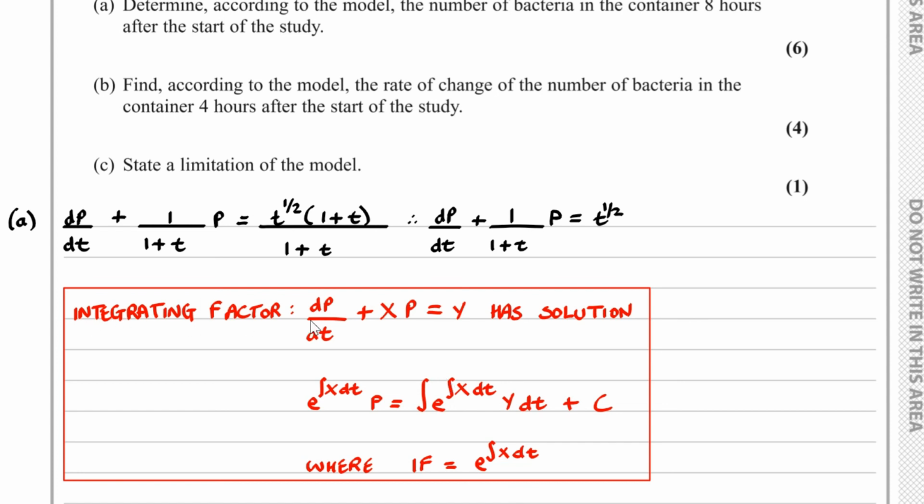For the integrating factor method, if we have a differential equation in the form dp over dt plus xp equals y, where x and y are both functions of t, this would have a solution of e to the power of the integral of x with respect to t, lots of p, equals the integral of e to the power of the integral of x with respect to t, lots of y, with respect to t plus c, where the integrating factor is e to the integral of x dt.